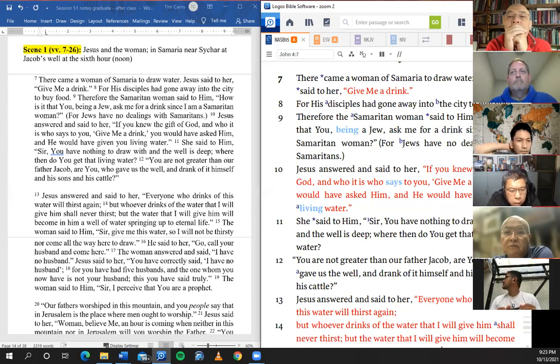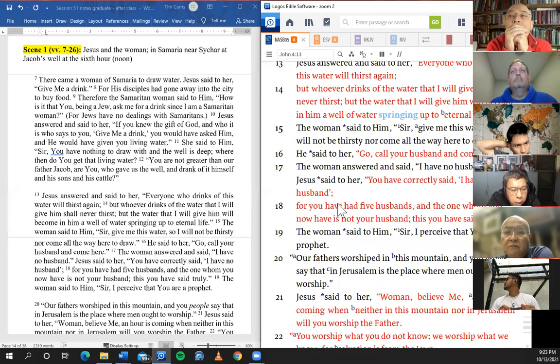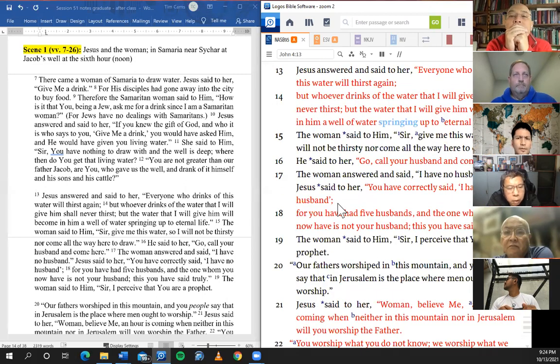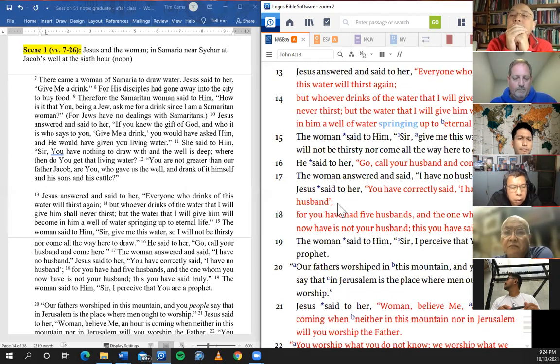Verses 13 to 19. Jesus answered and said to her, "Everyone who drinks of this water will thirst again, but whoever drinks of the water that I will give him shall never thirst. But the water that I will give him will become in him a well of water springing up to eternal life." The woman said to him, "Sir, give me this water so I will not be thirsty nor come all the way here to draw."